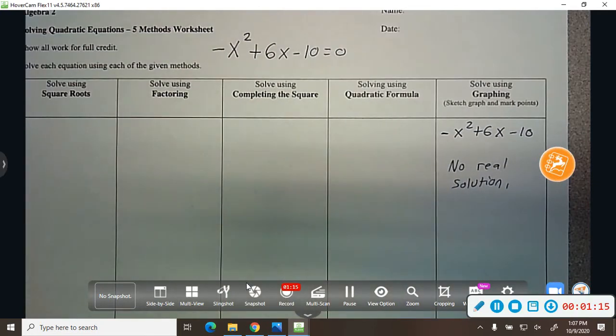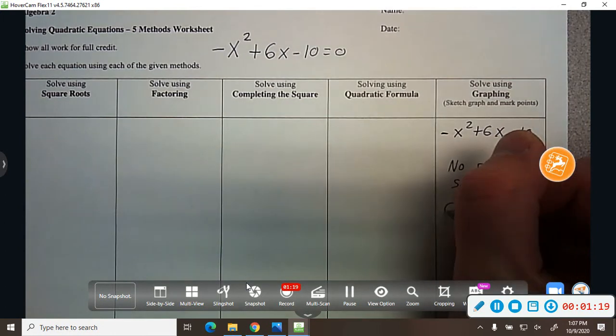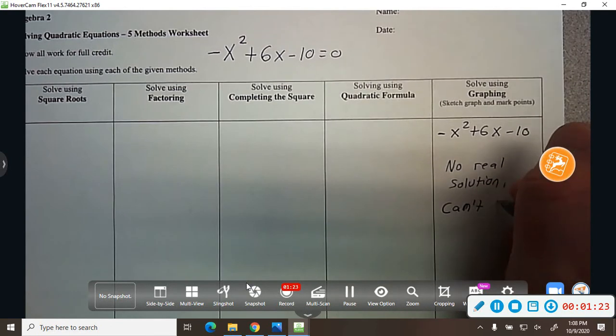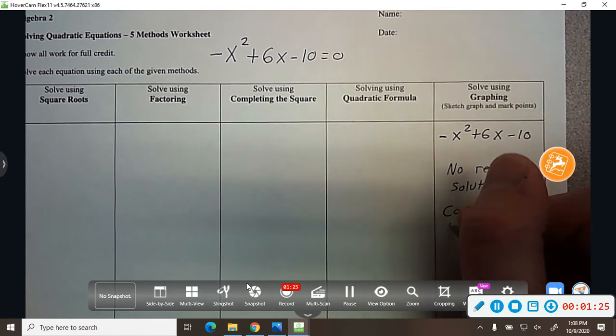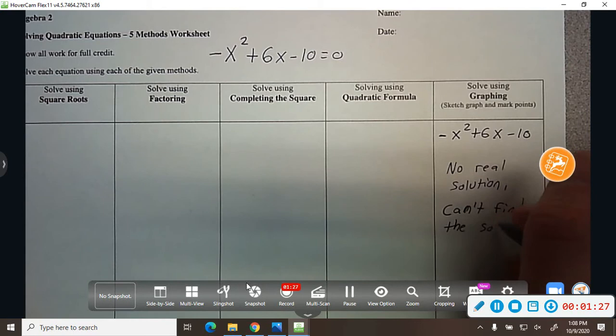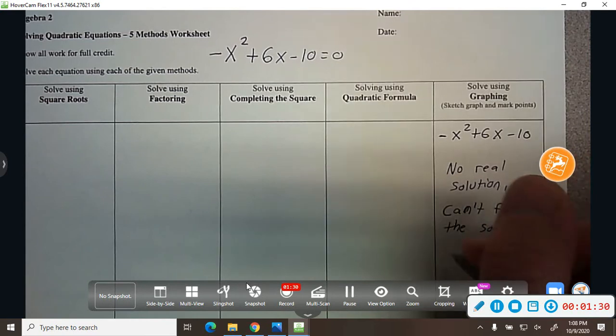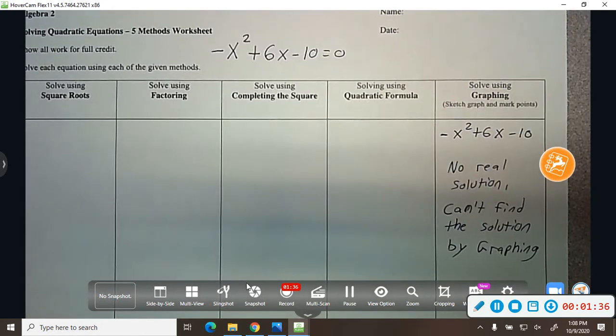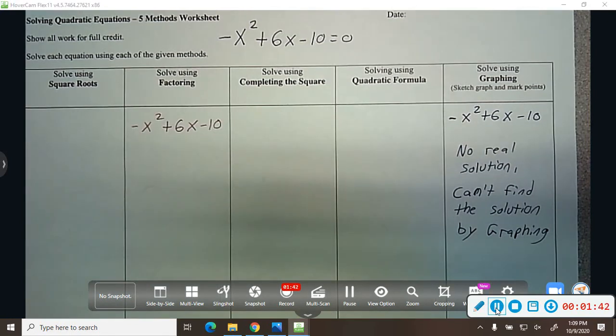It's imaginary, it's complex. So I can't find the solution by graphing. So graphing failed. Let's try factoring.